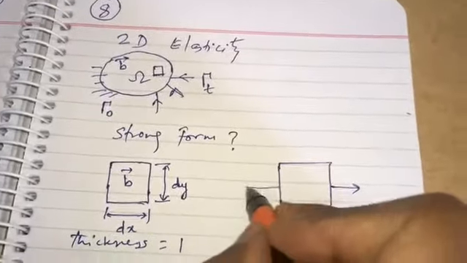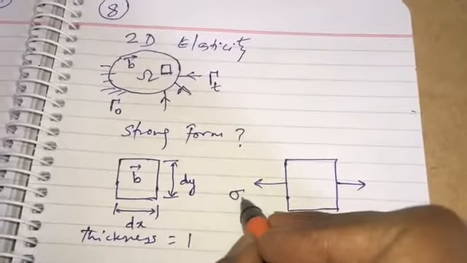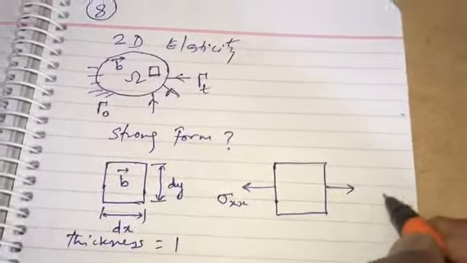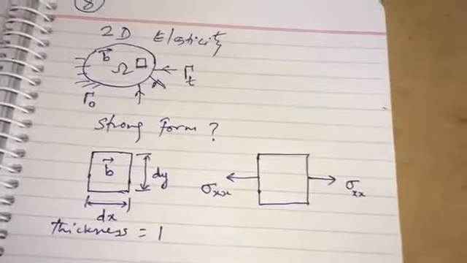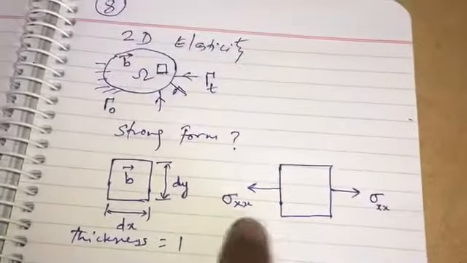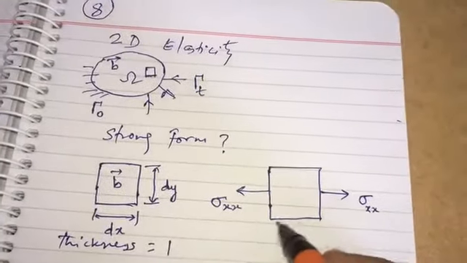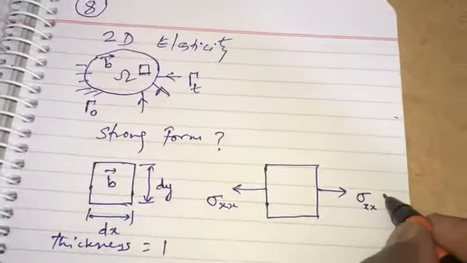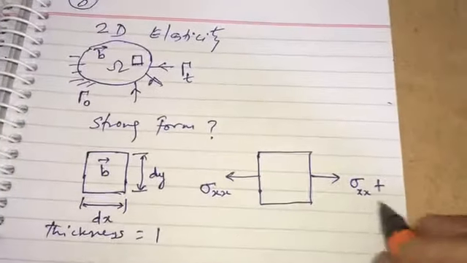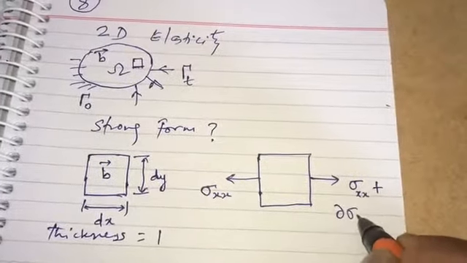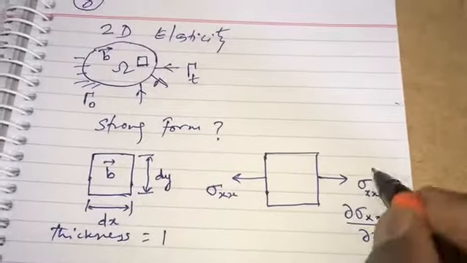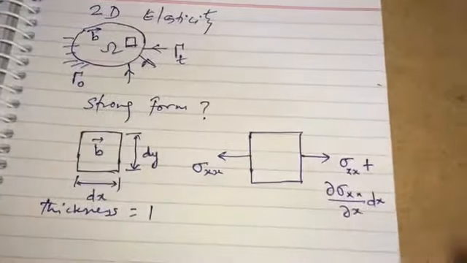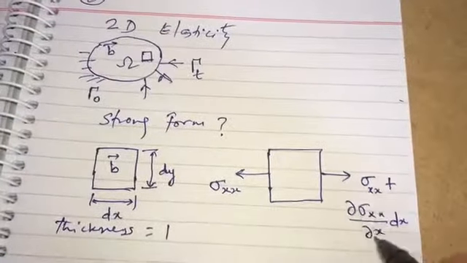So let's call it sigma xx, in both directions, but there will be some variation when you go from here to here. So here it is sigma xx, and here it is sigma xx plus d sigma xx dx times dx. This is the total sigma here.